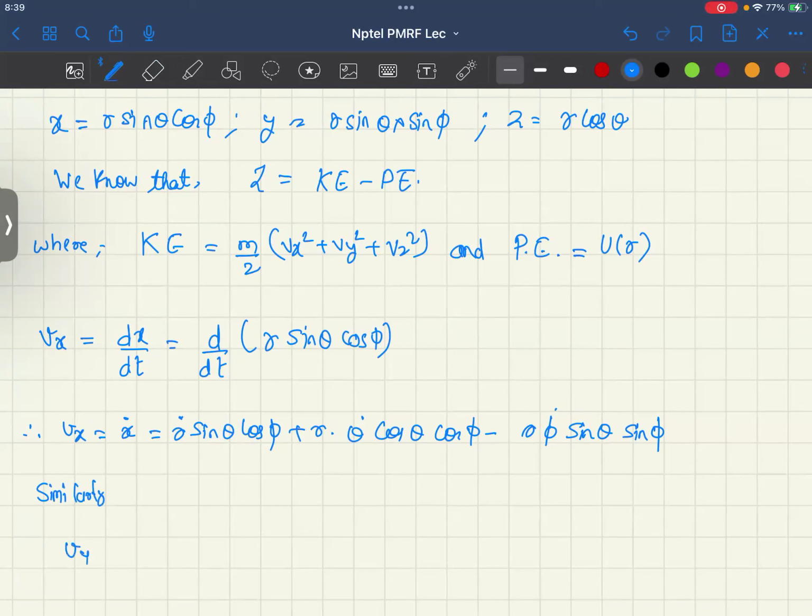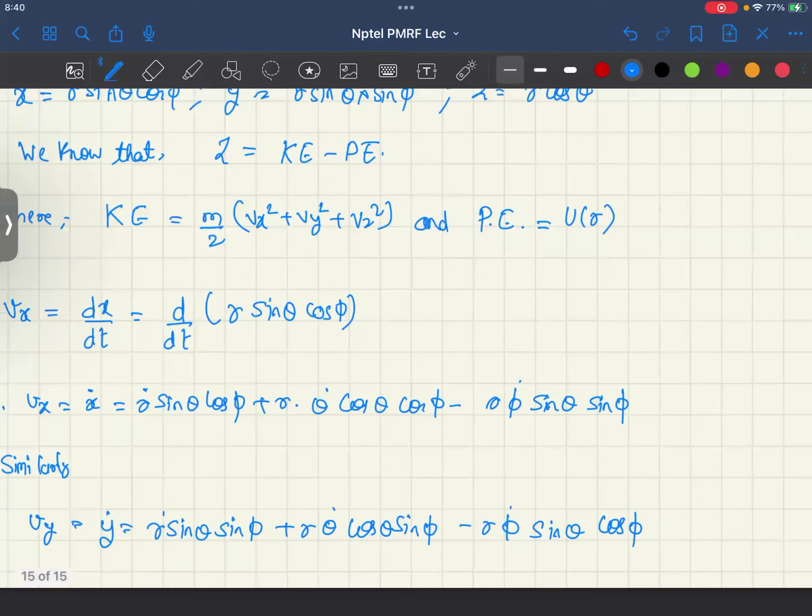Similarly, Vy is equal to y dot is equal to r dot sin theta sin phi plus r theta dot cos theta sin phi minus r phi dot sin theta cos phi.